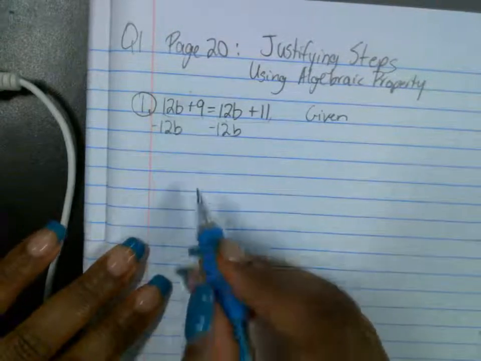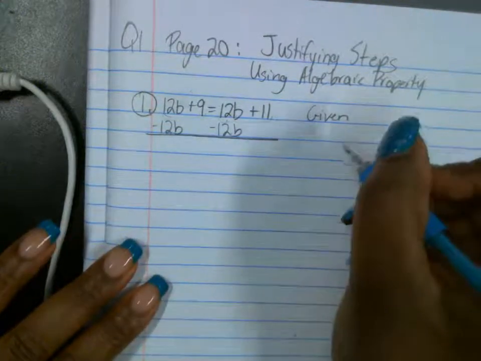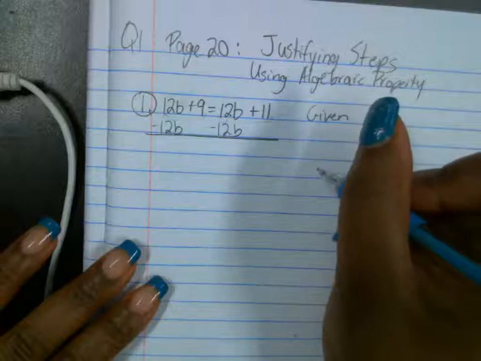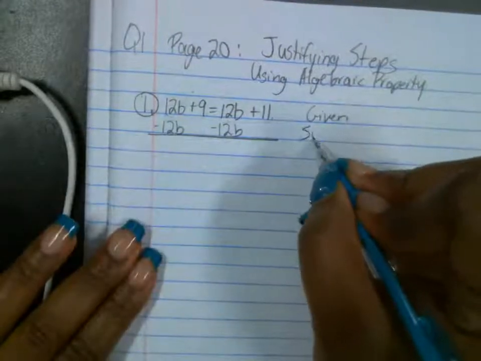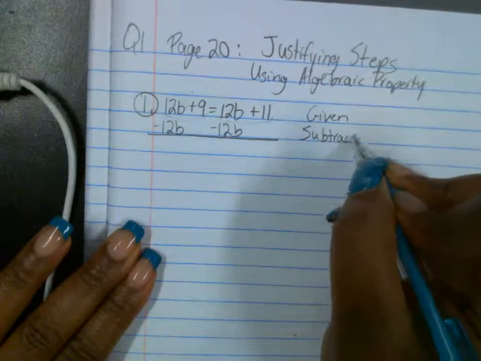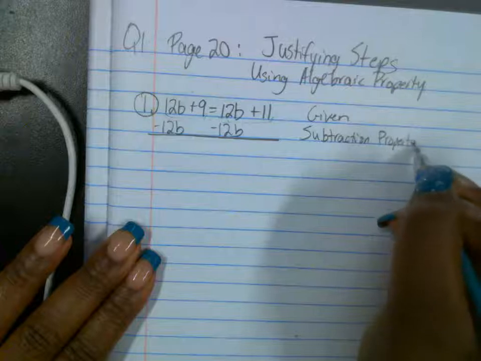When I subtract the same number or term on each side, what property is that? Does anybody remember? I'm subtracting, so it's the subtraction property of equality.